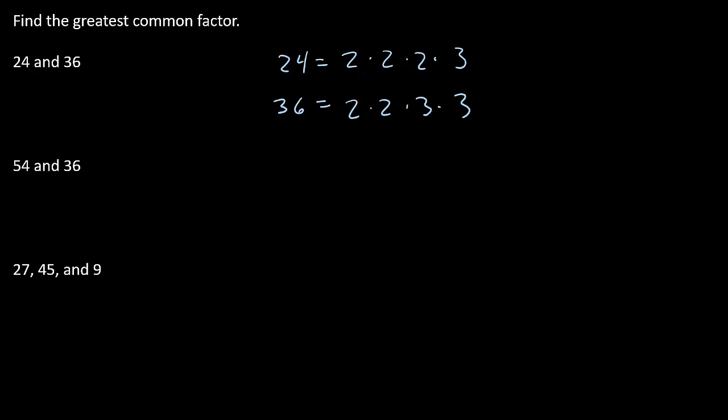So let's look at the 2's. 24 has three 2's, and 36 has two 2's. We use it the least amount of times that it appears. In the 36, it appears twice; in the 24, it appears 3 times. So we use it 2 times.